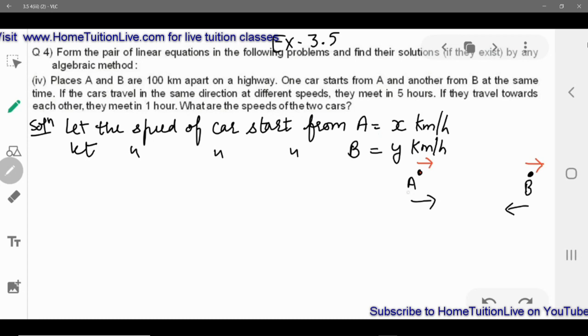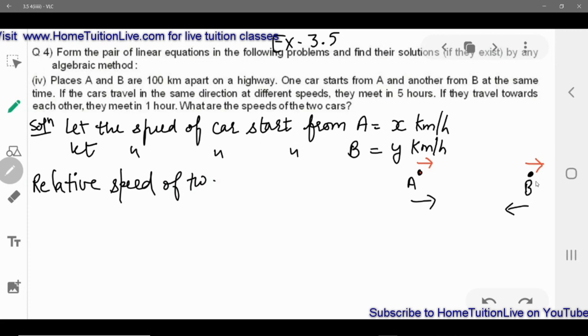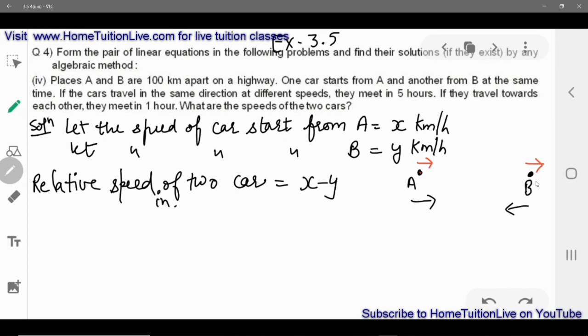Now first, for solving this question, we should know the relative speed. What is relative speed? The relative speed of two cars, car A and car B, traveling in the same direction is x minus y. If the cars are in the same direction, then the speed will be minus.